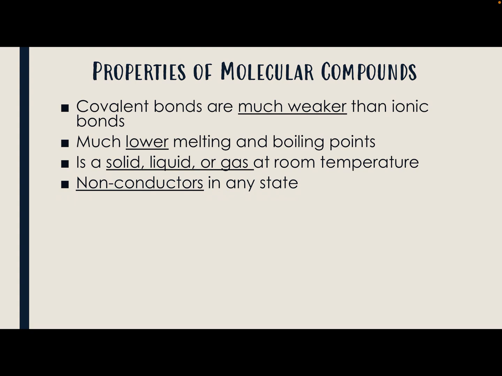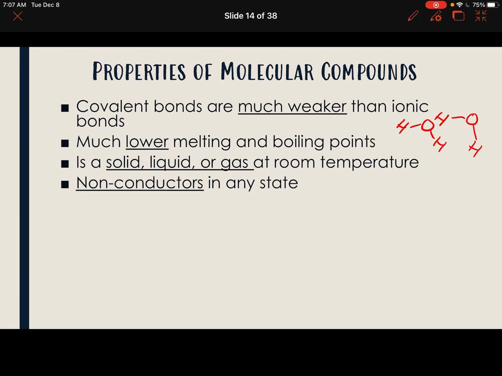This is because to melt a covalent compound, you're actually breaking the intermolecular forces. So say I had two molecules here, okay? So I have two water molecules, that's what these are. When I say I'm melting ice, I'm not actually breaking the bonds between the oxygen and the hydrogen.